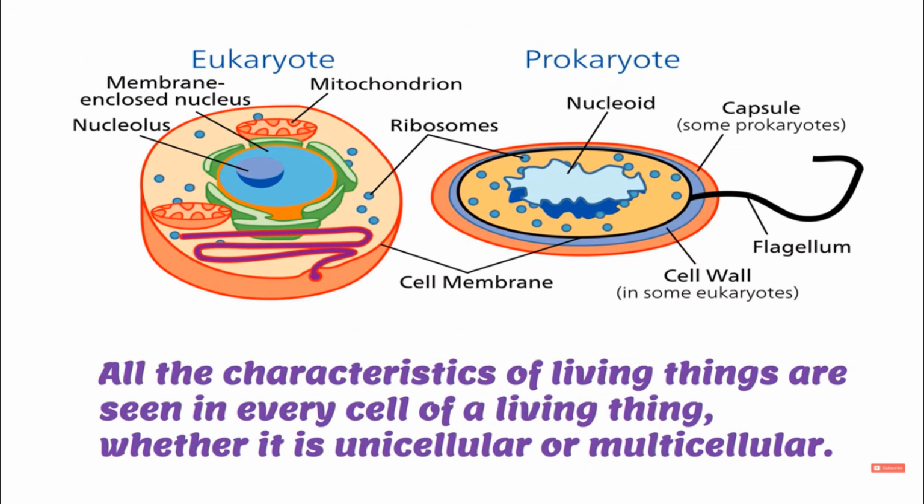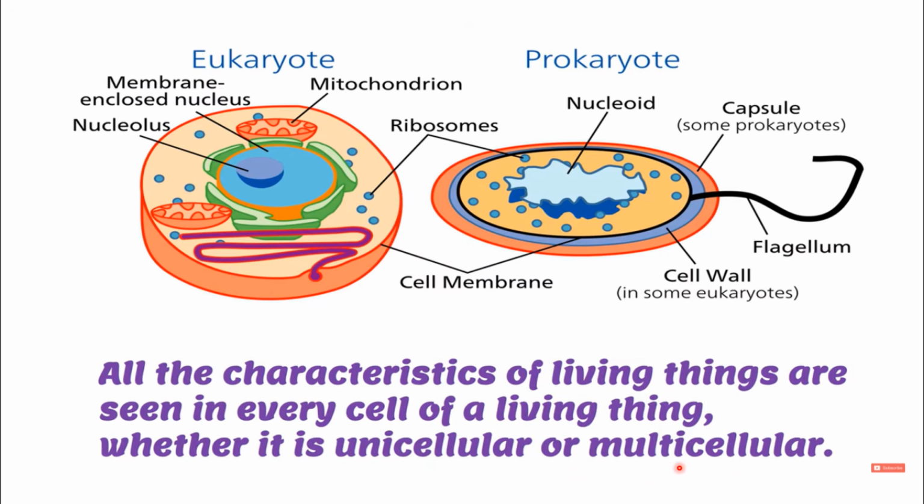But if we consider ourselves, we come under eukaryotes. Eukaryotes means we have many cells. All the characteristics of living things are seen in every cell of a living thing, whether it is unicellular or multicellular. What do you know about multicellular?